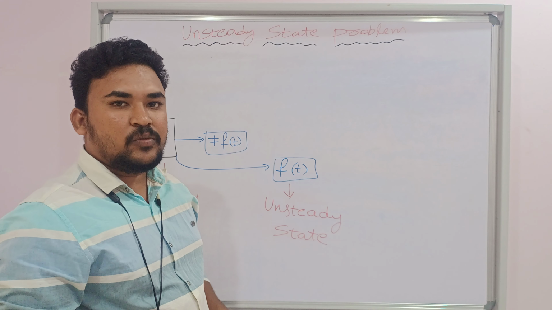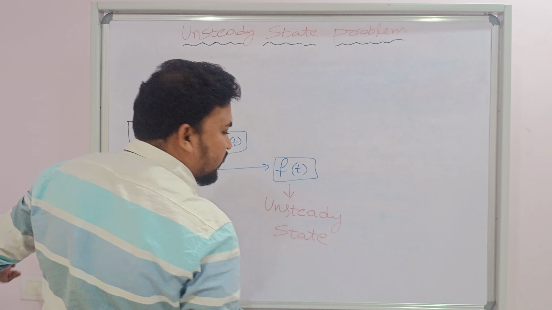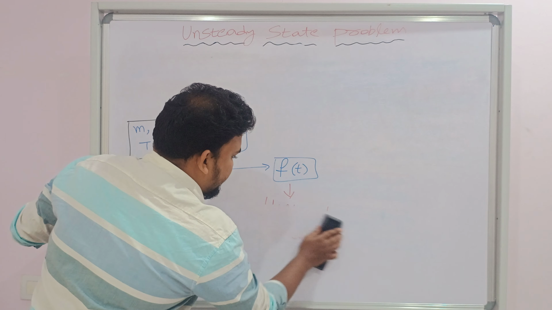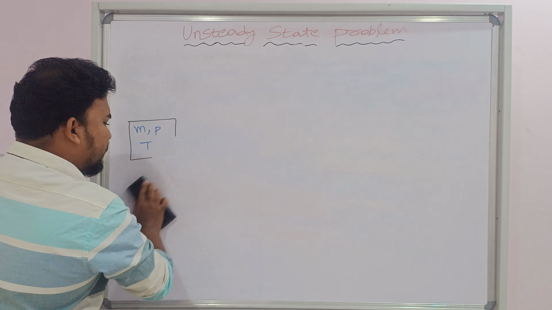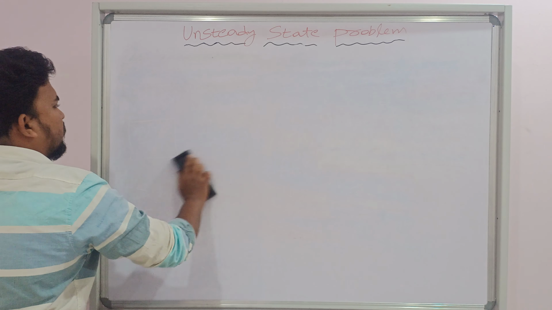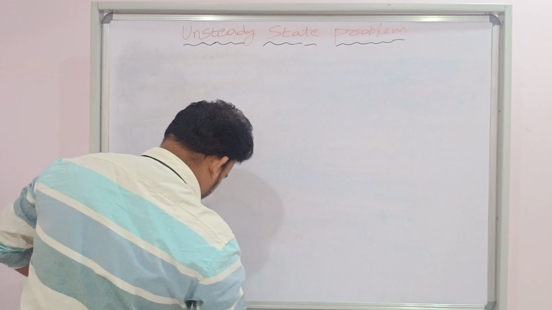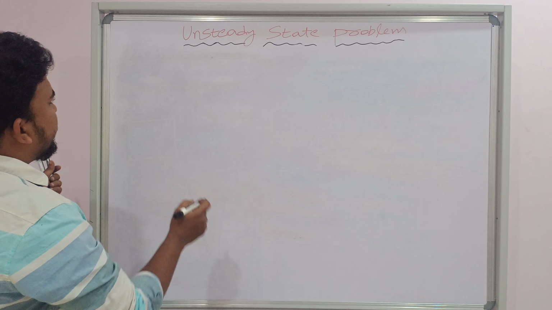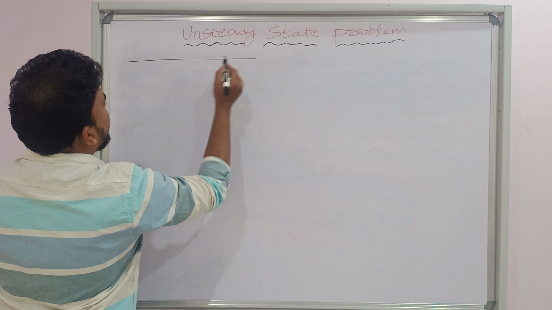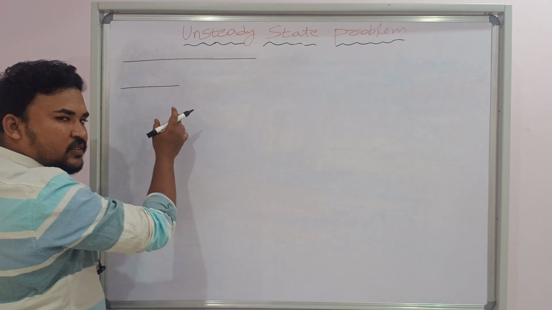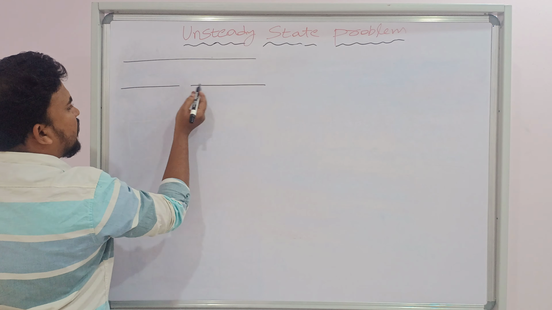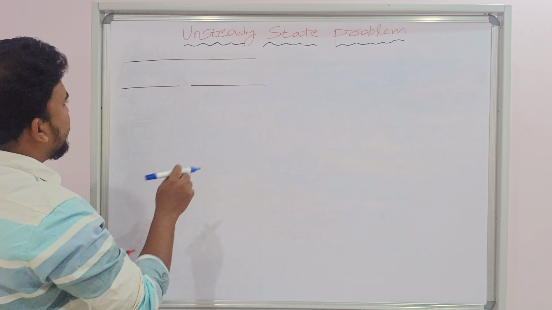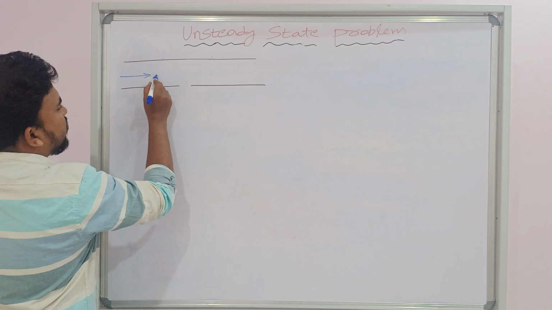We will see it from the thermodynamic point of view, because we are dealing with thermodynamics, right? This is a very simple concept. Let us take a pipeline. Most of the questions come like this only. In this pipeline, air is going.